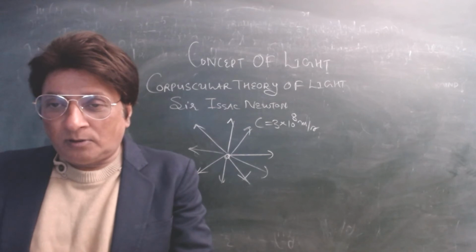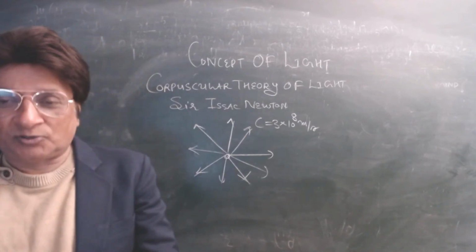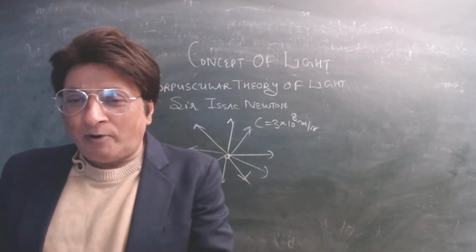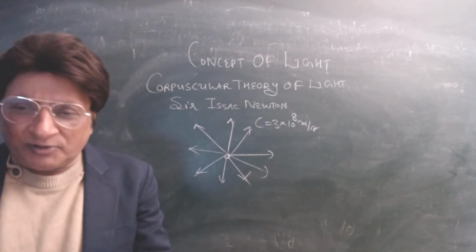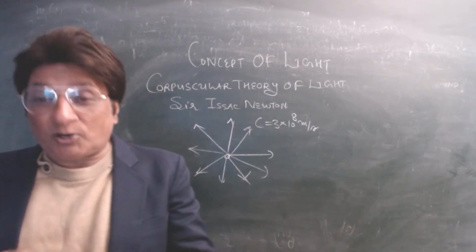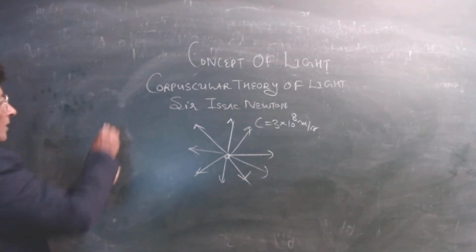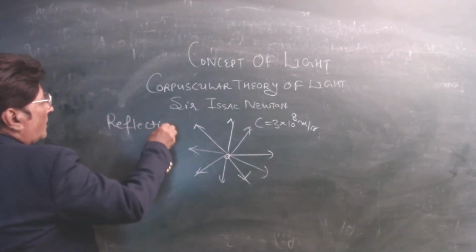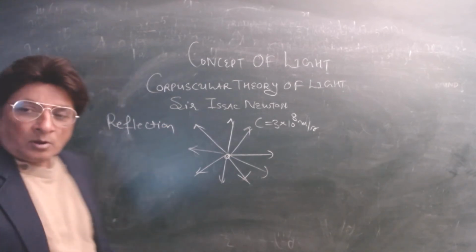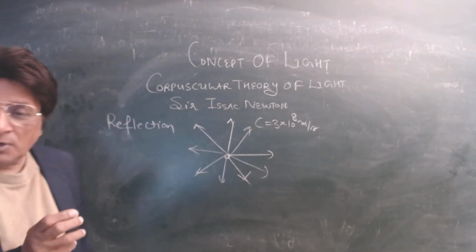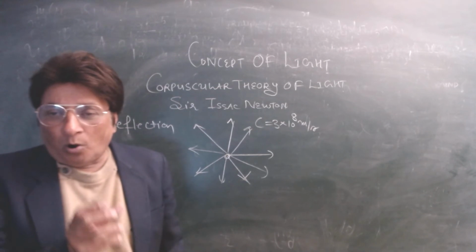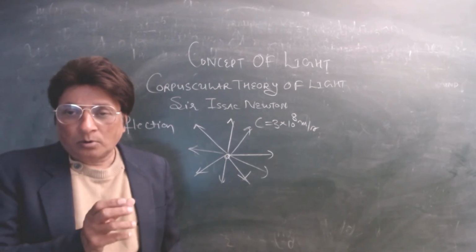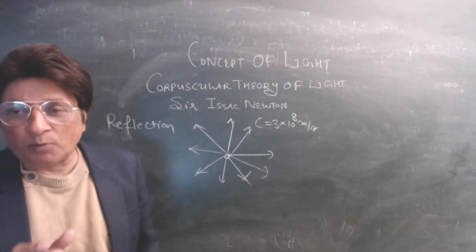Then another scientist reporter will say, sir, you have explained light travels in a straight line. Sir, how does reflection take place? Newton sir will say, look, a light corpuscle is just like a ball.